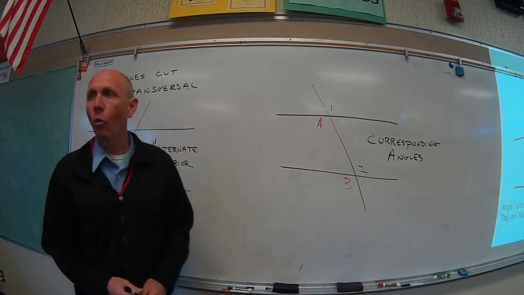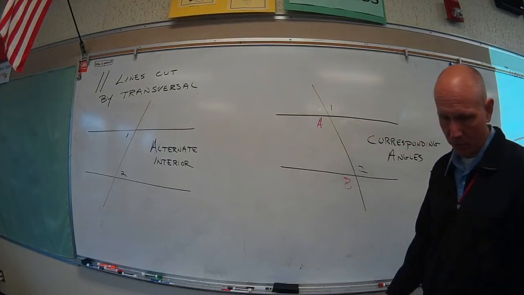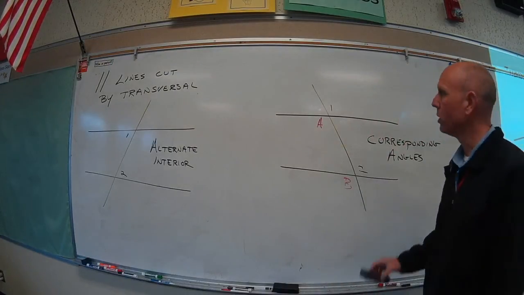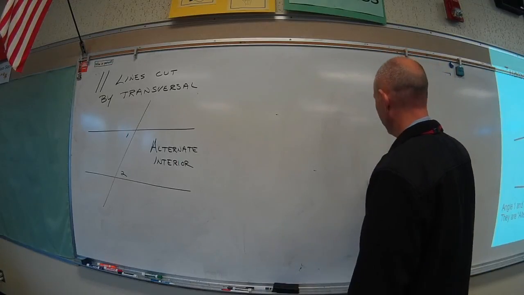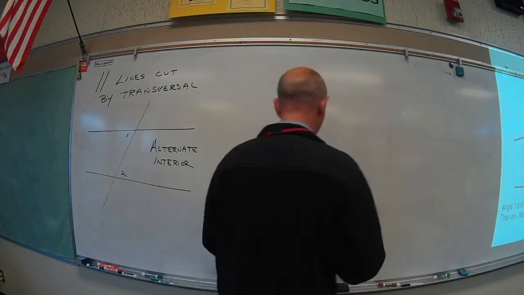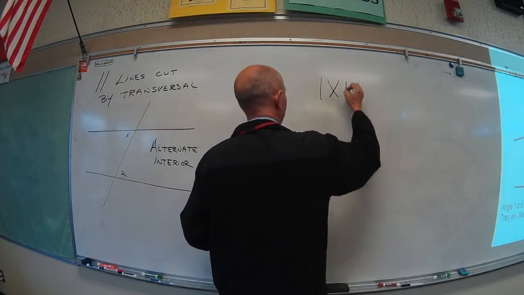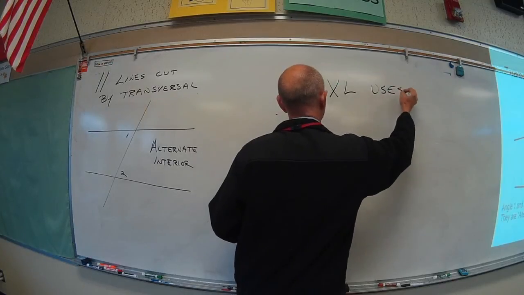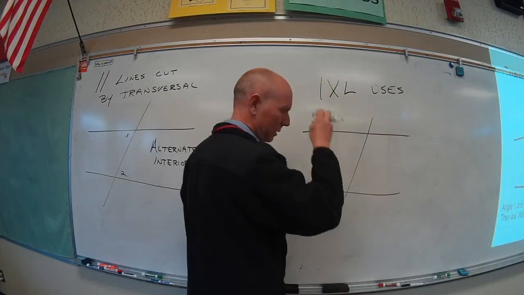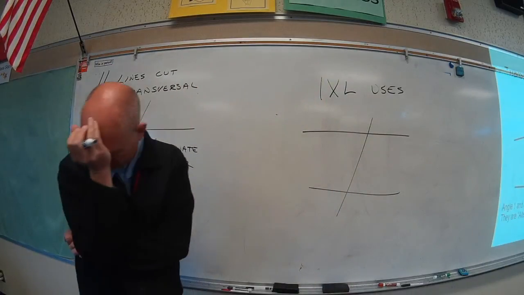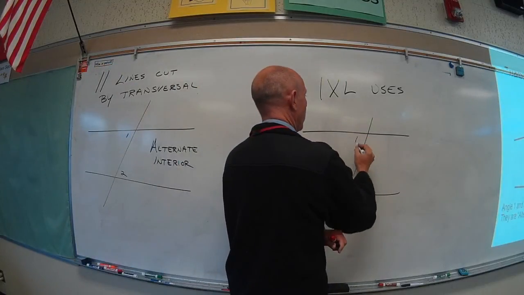All right. I'm going to add one extra thing in here. Alternate interior, corresponding. What was the word? Not adjacent. This is just for IXL. I've never used this one before, but IXL uses, what's the word? They've got a name for these guys right here, 1 and 2.